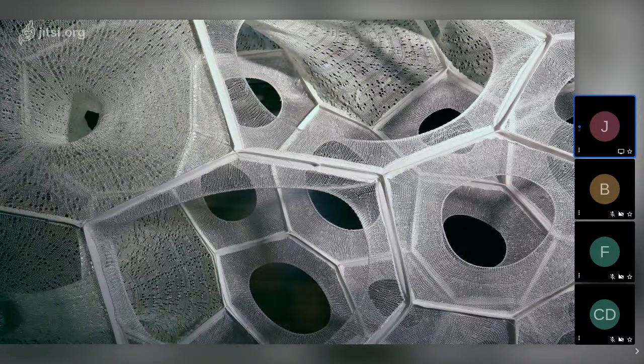And so in this case, we developed a double surface where these individual digitally knit cones that you can see in this image structurally act as springs between the two surfaces.